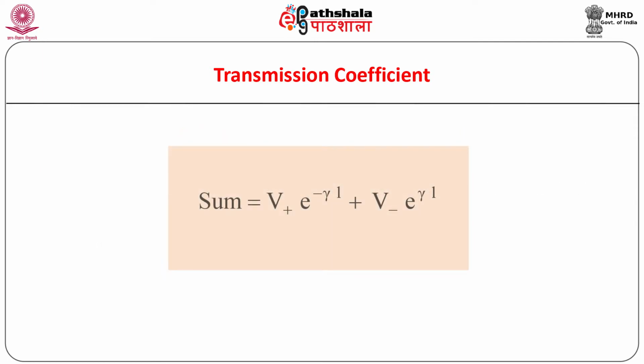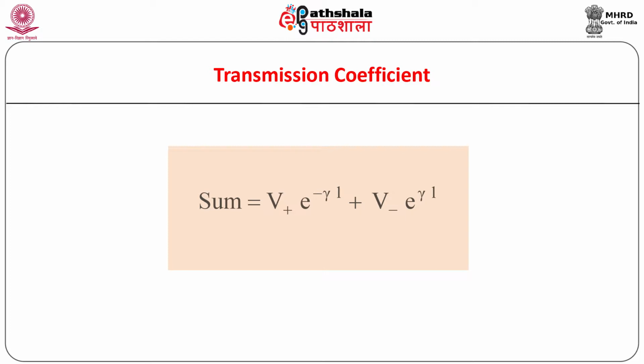Here VTR represents the amplitude of the transmitted voltage wave, while gamma is the propagation constant. Let V plus and V minus represent the amplitude of the incident voltage wave travelling in the forward direction and the amplitude of the wave reflected from the load travelling in the backward direction along the transmission line. Note the sign of the term gamma L in the two cases.